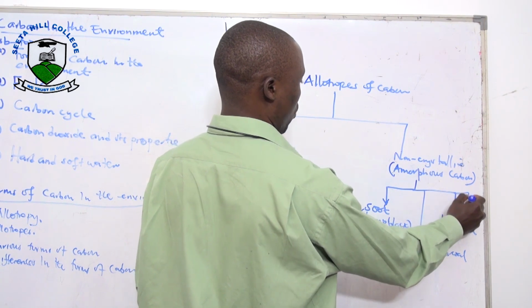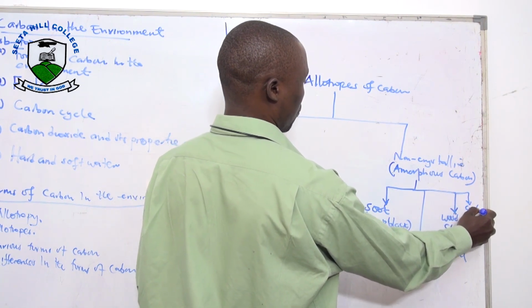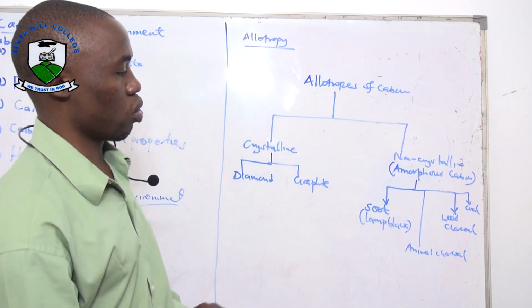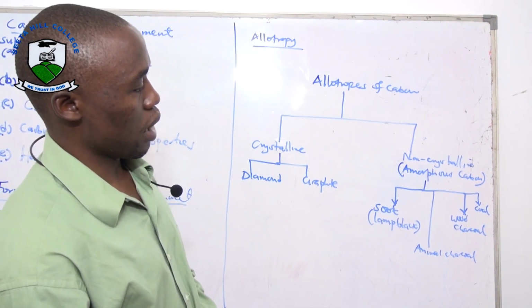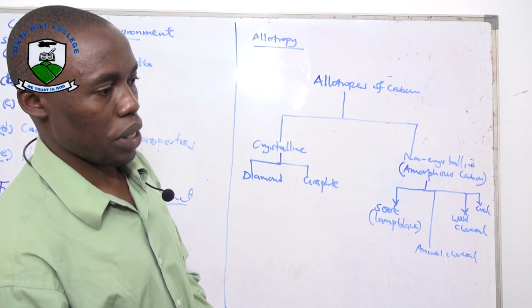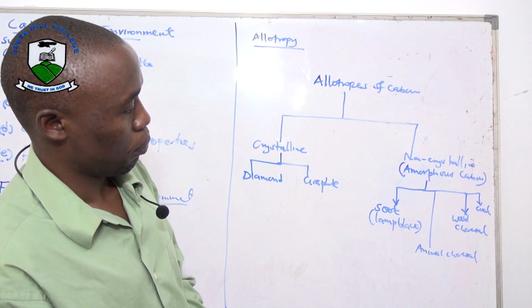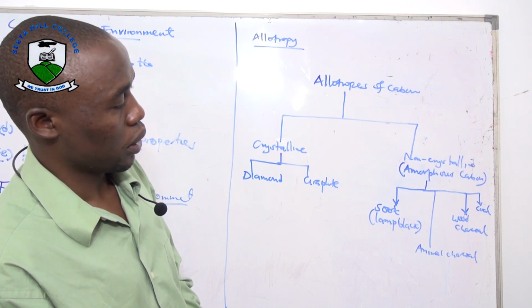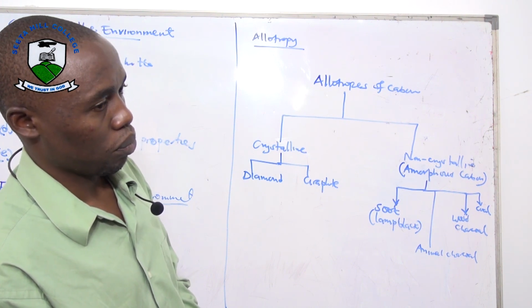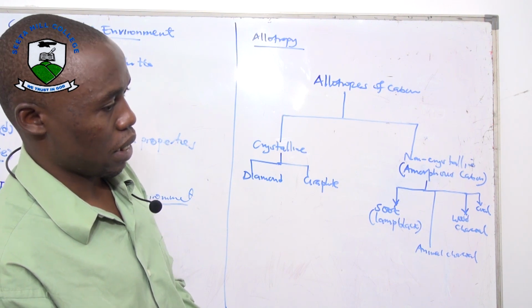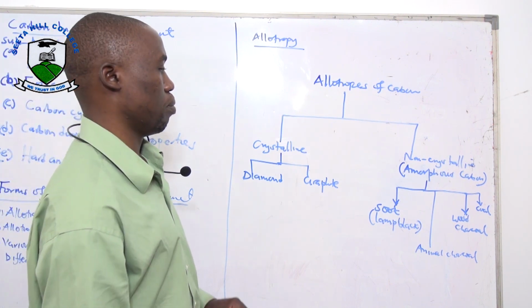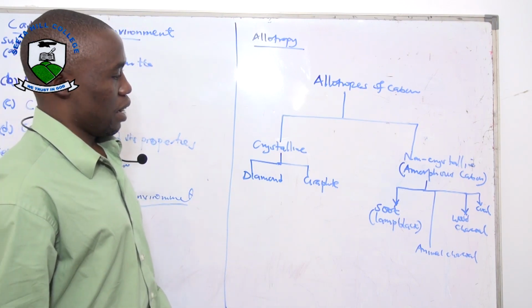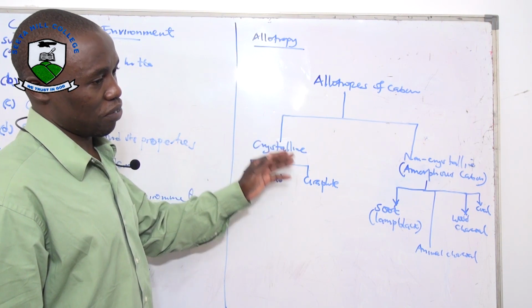Then we left out coal. Coal, that rock which is gray and very hard, made majorly of carbon. Now these are the various forms.